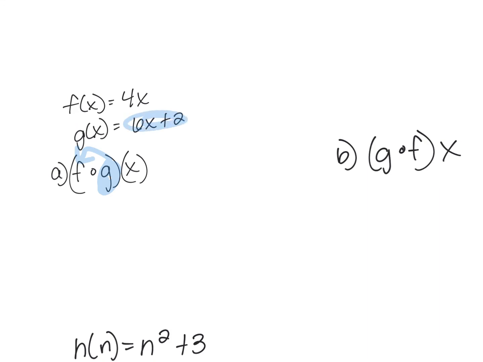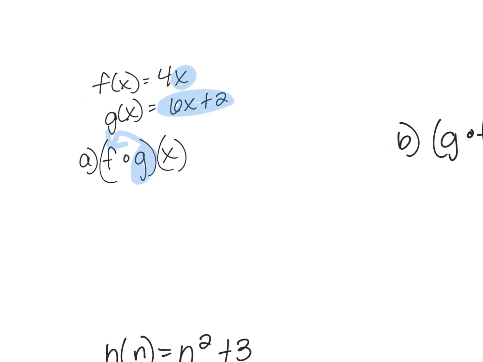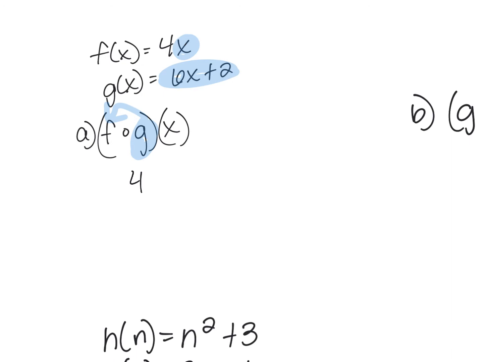So I'm going to take all of this, the g of x, and plug it in to the f of x. Okay, doesn't sound too bad, right? Or maybe it does, I don't know. So this would be 4, right? And then we're going to put in for that x all of that other stuff, what the g of x actually is. So it looks like that.